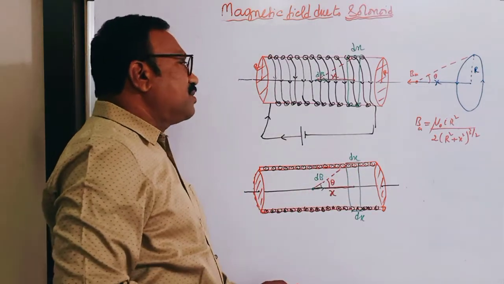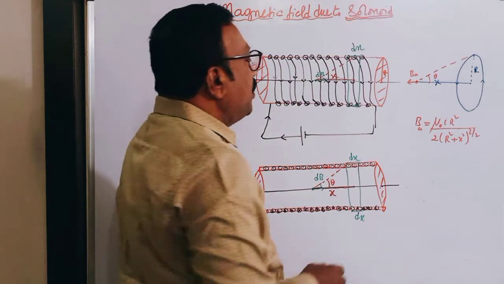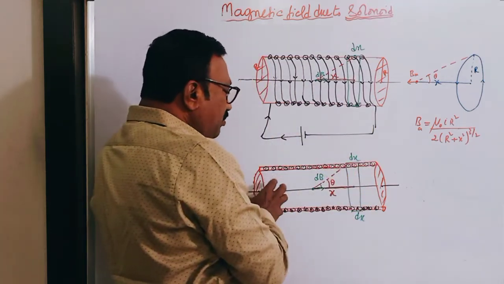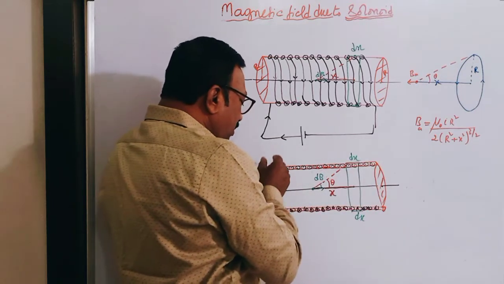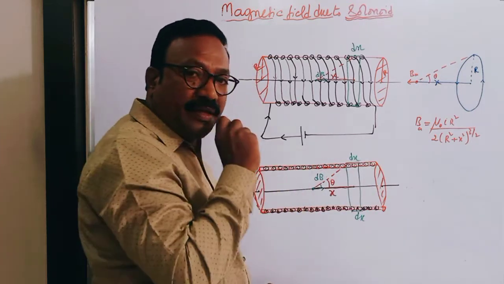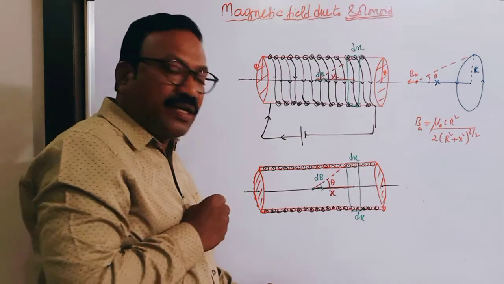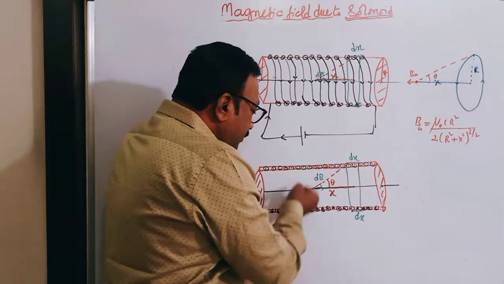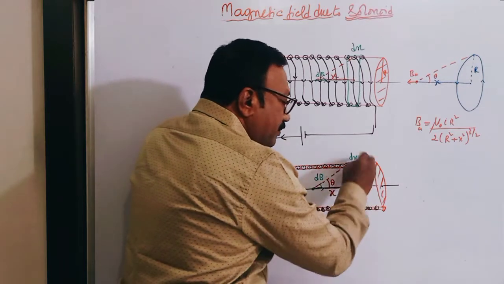So how will I start my derivation? I will be taking an elemental ring here. I will assume this solenoid is made up of so many rings. Rings means a bunch of circular conductors. So it is made up of so many rings, like this.